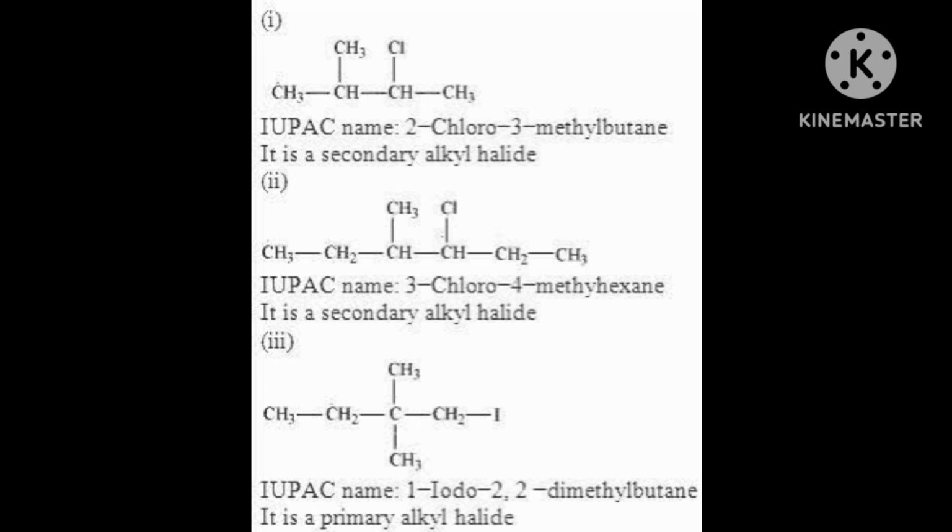Then first, second, third, fourth will be bromine. Then 4-bromo, and on carbon number 3 a methyl is there, then 4-bromo 3-methyl, total 5 is there, pent, and on carbon number 2 the double bond is there, then 2-ene means 4-bromo 3-methyl pent-2-ene, okay. Like that way, I am telling you the fourth question.